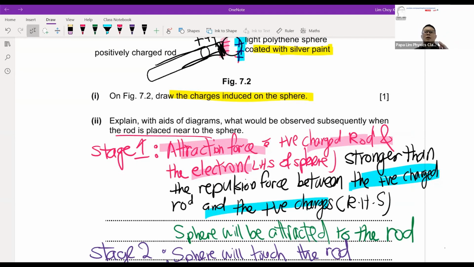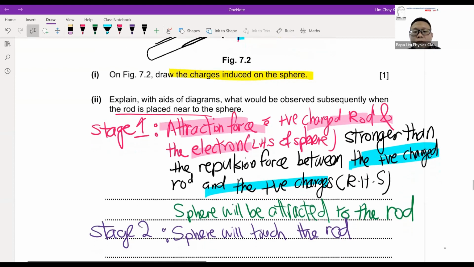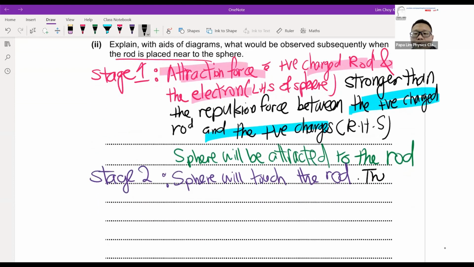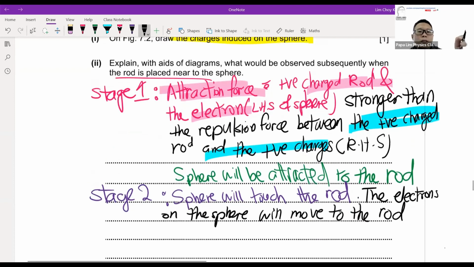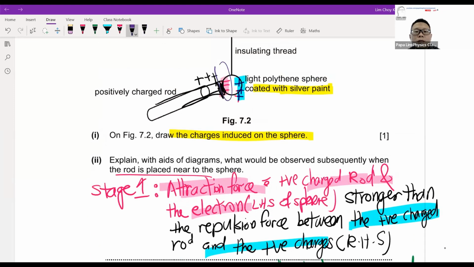So at this moment in time, what we know as neutralization will actually take place. Why? Because the electrons, or the negative charges on the sphere, will move to the rod itself. When they touch, the negative charge here will move over to the rod.